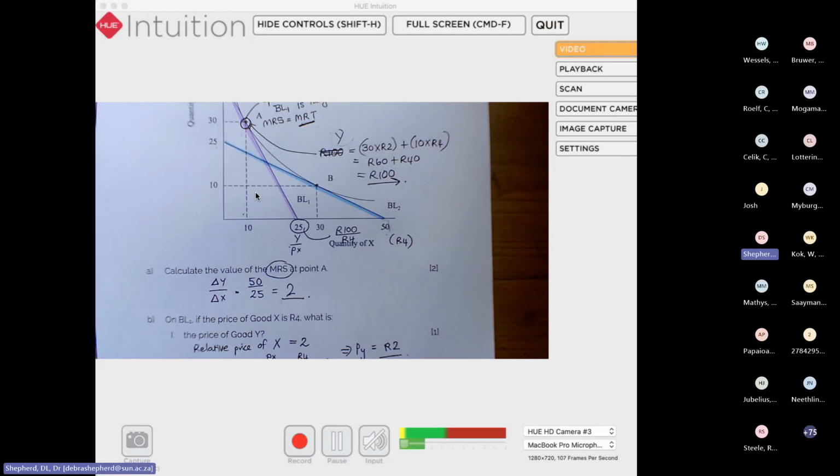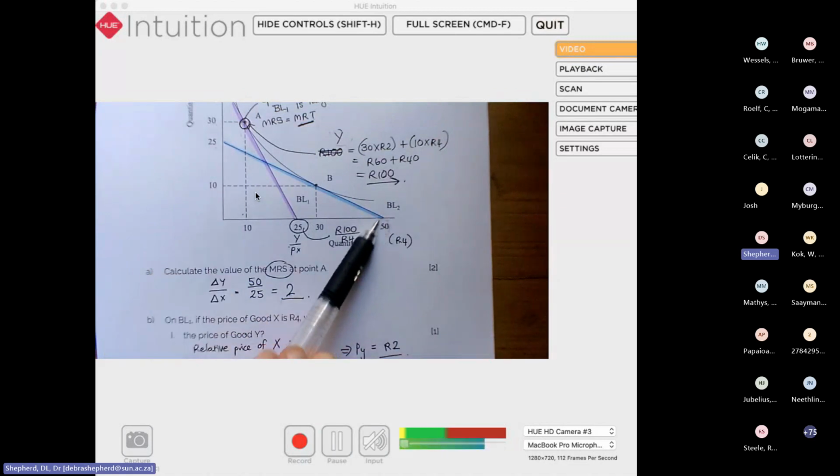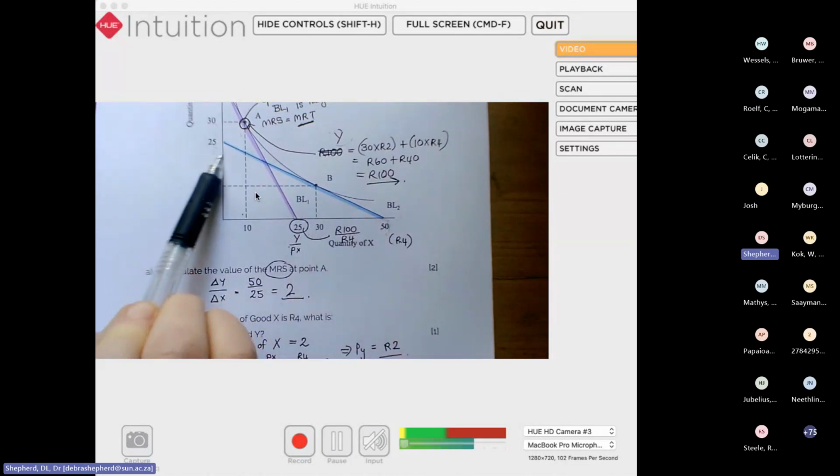Think through it a little bit. Maybe I'll put it into different terms. With the same income, I can afford twice as much X as I can Y.